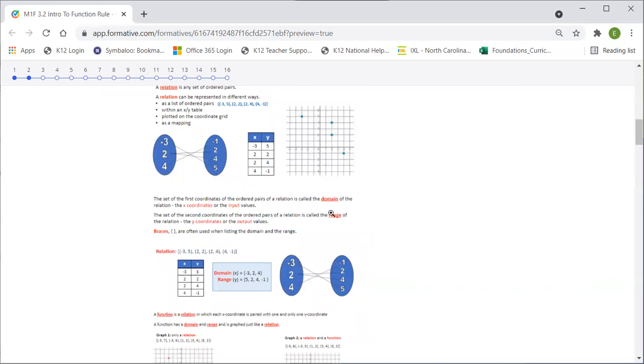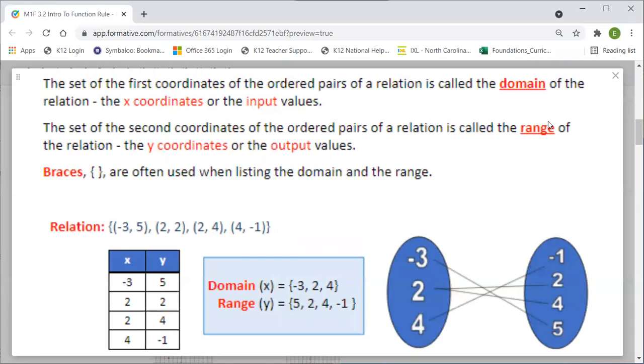The most common ones, obviously, we're going to use are domain and range, so make sure you have those in your head correctly. How I always remember: if you put domain and range in alphabetical order, and you put x and y in alphabetical order, they line up. Just a little trick if you ever can't remember.